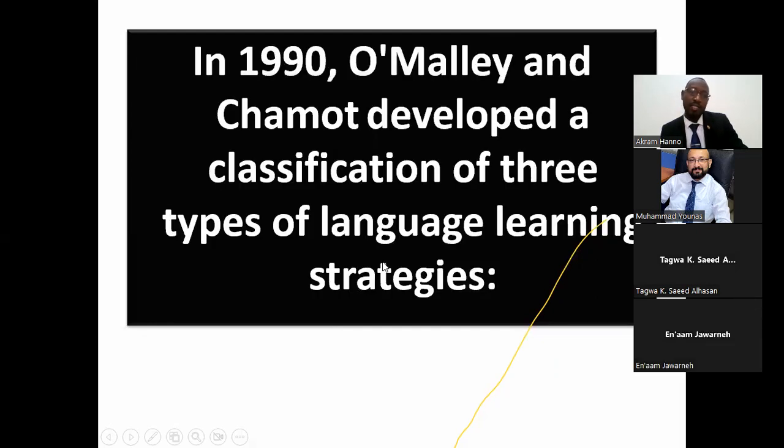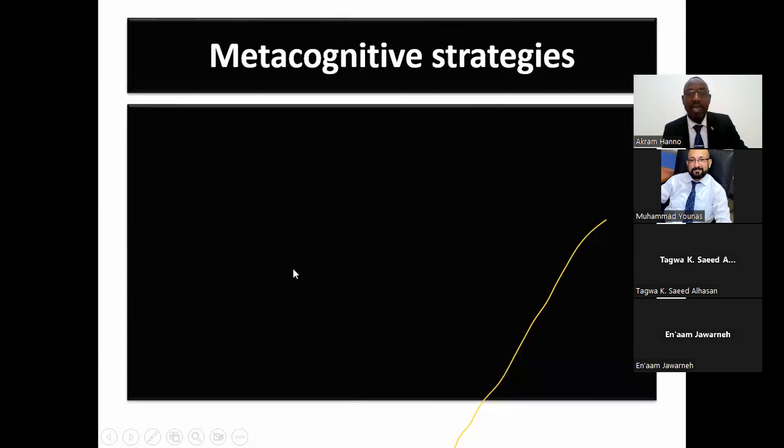In 1990, O'Malley and Chamot developed a classification of three types of language learning strategies, so we will be talking about them. Here they are.